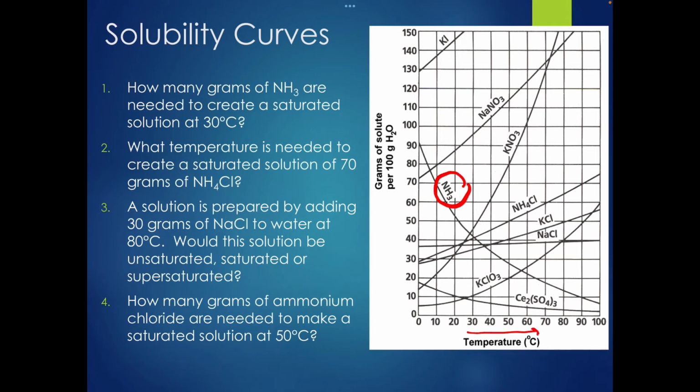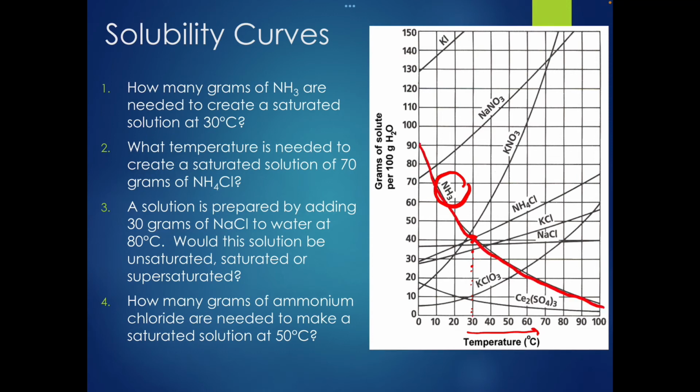Now let's look at the problem. How many grams of ammonia are needed to create a saturated solution at 30 degrees Celsius? The lines that you're seeing for each individual substance represent the saturated point, our saturated limit. If we look at 30 degrees Celsius and go up to find our line for ammonia, that's right there, because this here is our ammonia line.